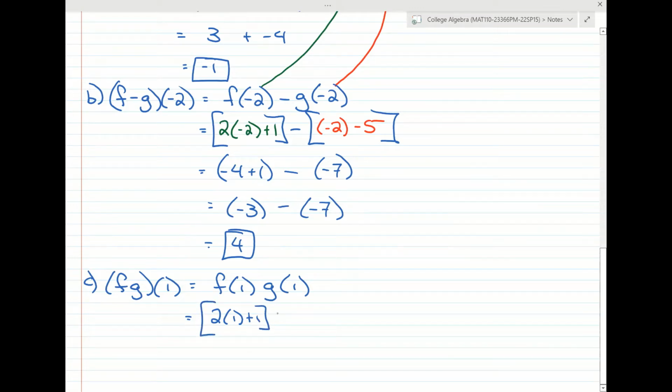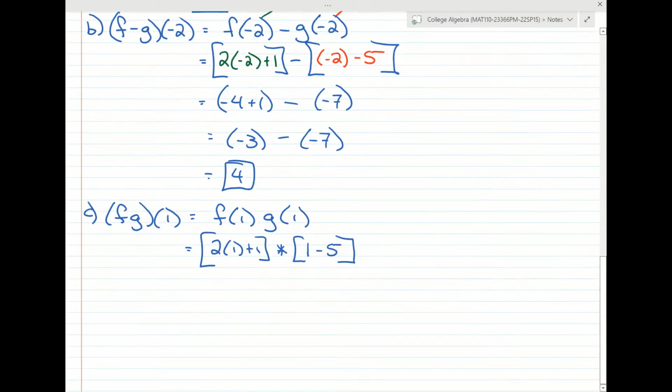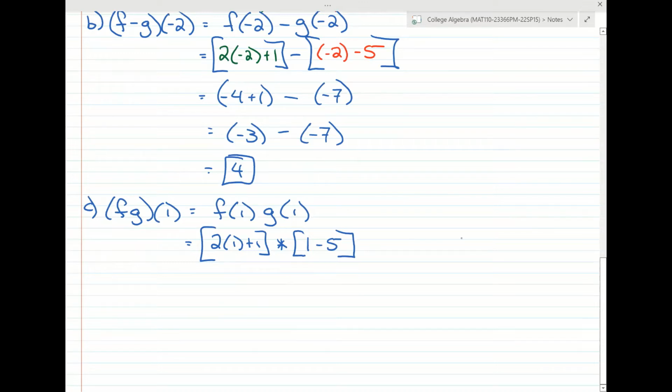We're going to multiply that by what we get if we plug 1 into g of x, which is 1 minus 5. 2 times 1 plus 1 is 3. 3 times negative 4 is negative 12.